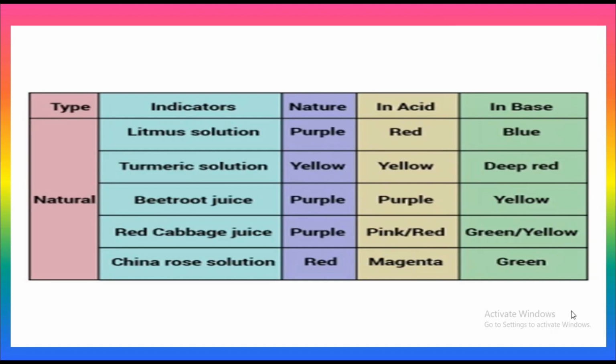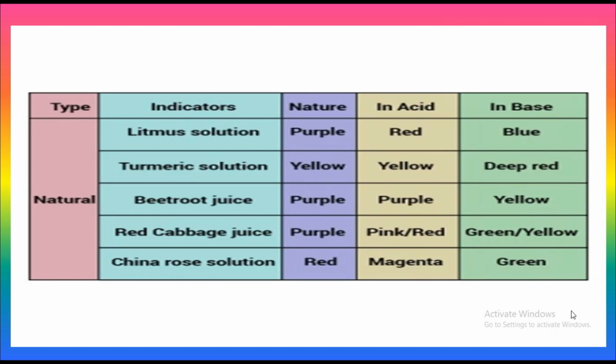Beetroot juice indicator is purple in nature. In acidic solution it shows the same color, but in base it turns into yellow color. When we use red cabbage juice as a natural indicator, it gives pink or red color in acidic medium and green or yellow color in basic medium.